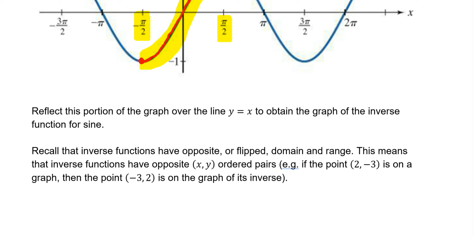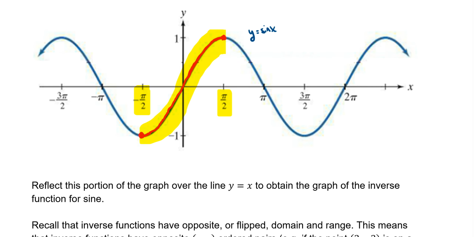Thinking back to a couple other properties of inverse functions, in order to actually see the graph of an inverse function, we're going to take our function and reflect it over the line y equals x. So if we took this little sliver of our sine function and reflected it over the line y equals x, right? This is like the little line y equals x.